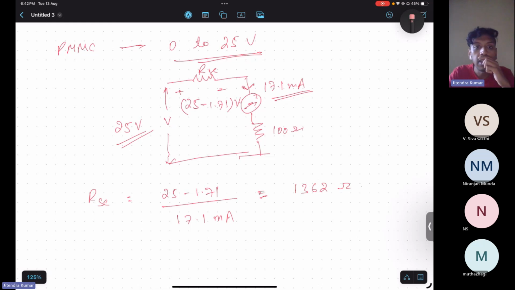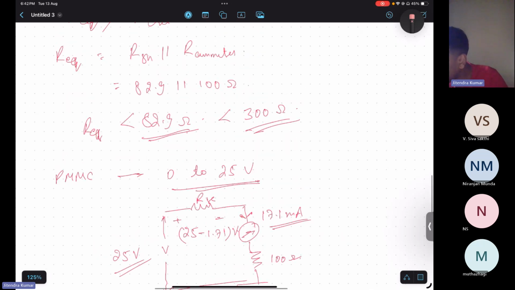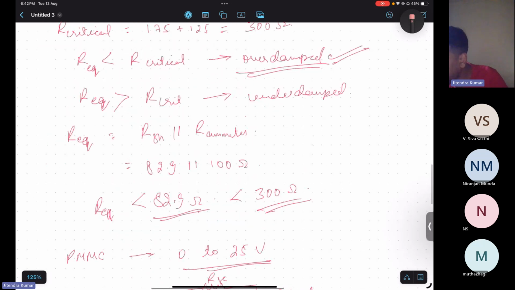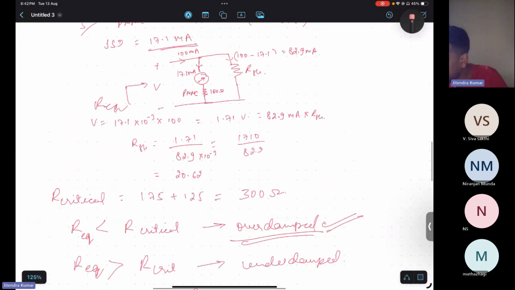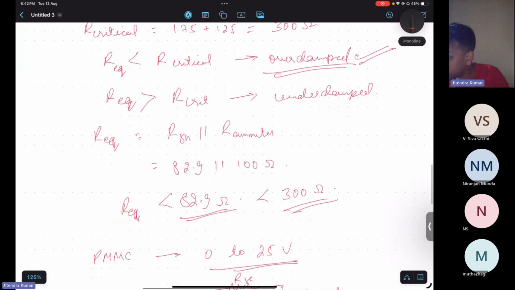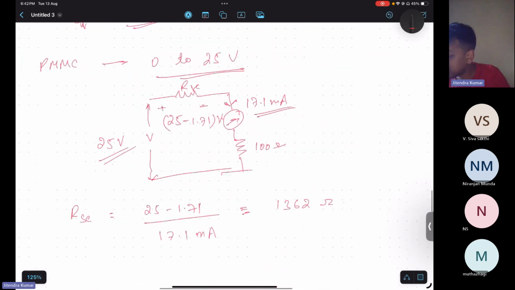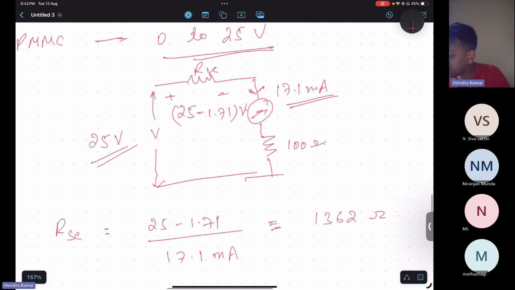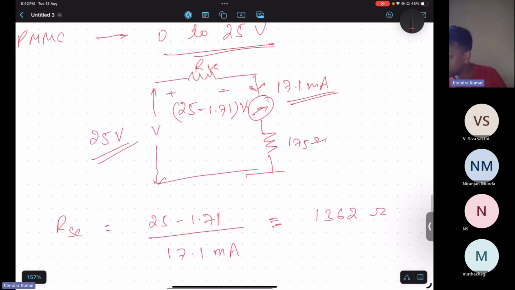Full scale deflecting current is correct, 17.1 milliampere, and coil resistance is, oh, coil resistance is 175 ohm. I took 100 ohm. It should be 175 ohm. That's why so many solutions could not be wrong.